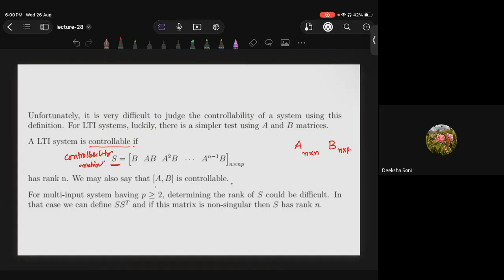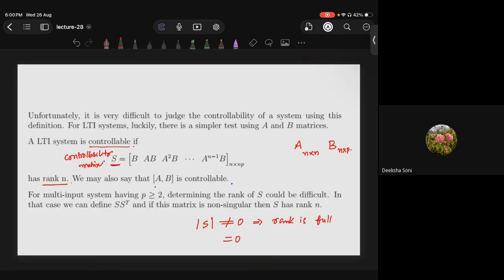Once we know that matrix, we will find its rank. How do we find the rank of a matrix? We find the determinant. If the determinant is not equal to 0, we say rank is full. Am I correct?